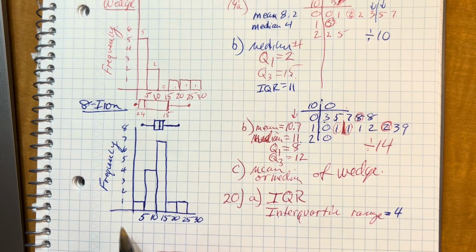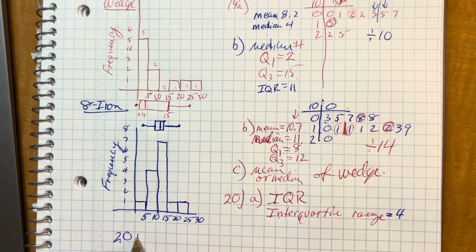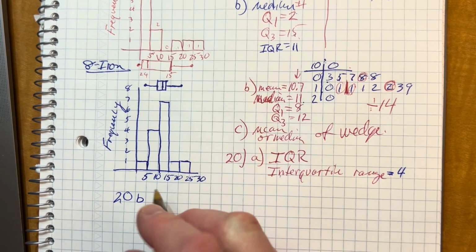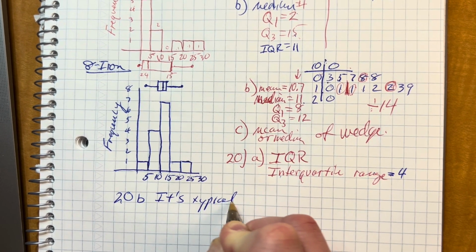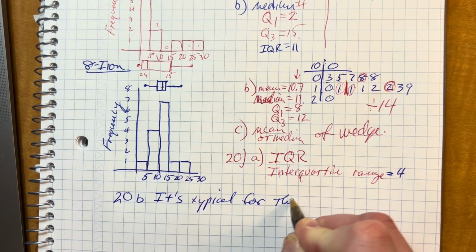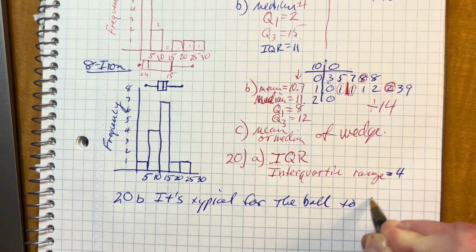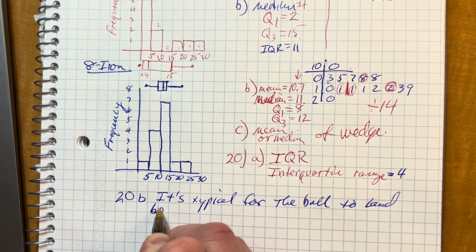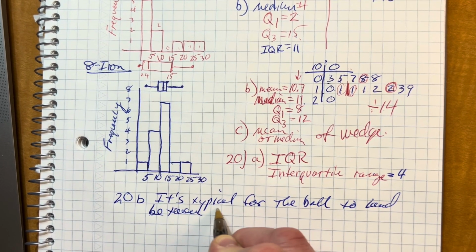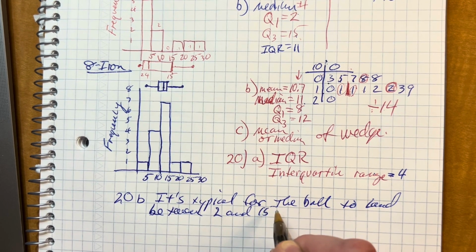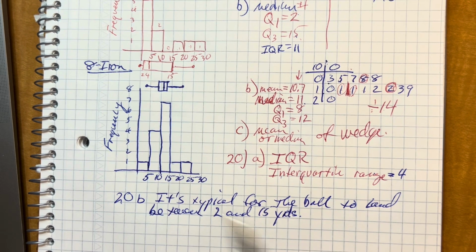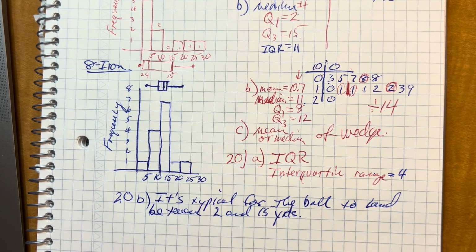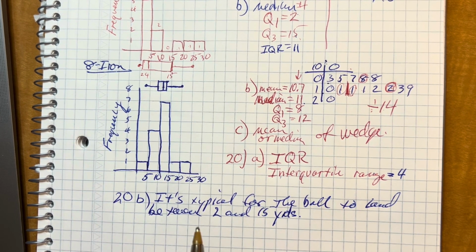So for number 20, part B, say it's typical for the ball to land between 2 and 15 yards. If Josh decided to use the wedge, what is a typical interval of the distances? We just did that.